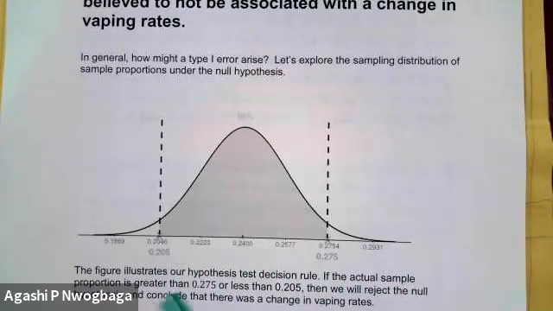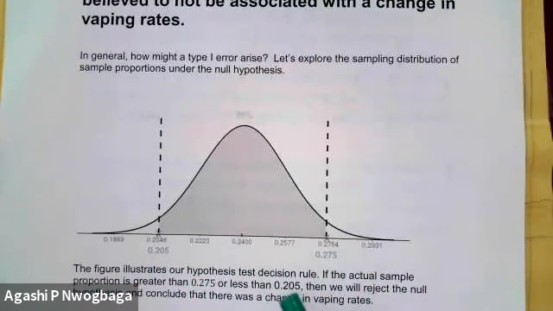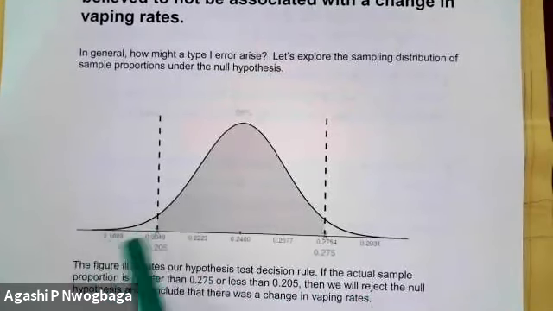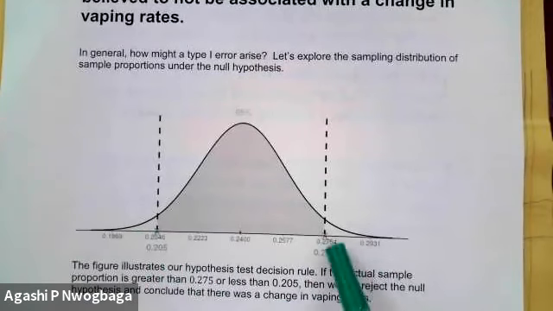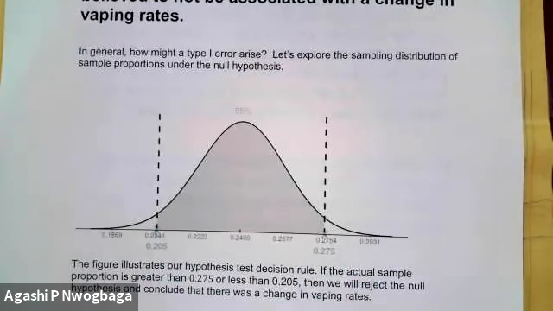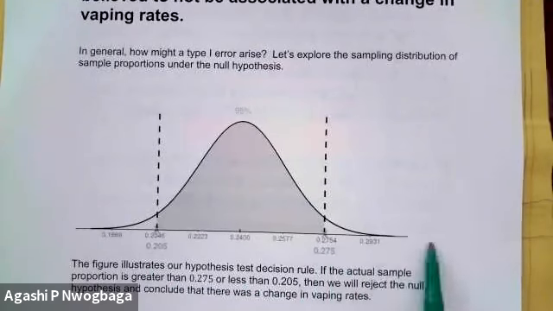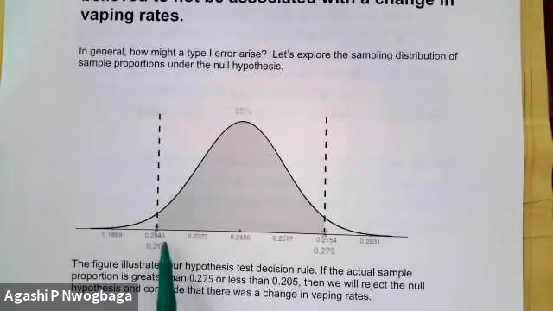If the actual sample proportion is greater than 0.275 or less than 0.205, then we will reject the null hypothesis and conclude that there was a change in vaping rates. So this point and this point: to the right of this, greater than 0.275, to the left of this, less than 0.205.